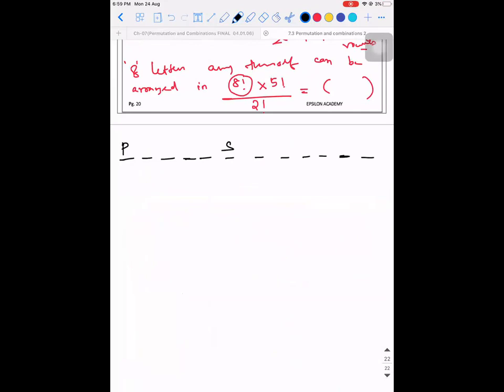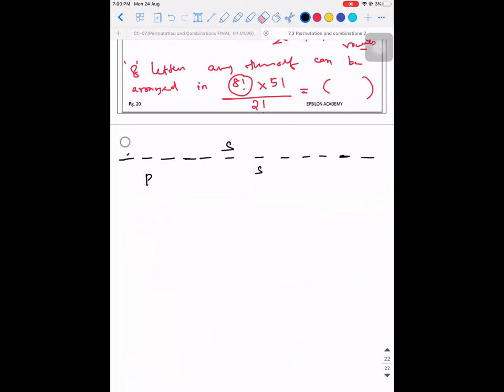Am I right? Suppose P is placed here, then S should be placed here. If I keep on doing it, then this letter P can take how many positions under this condition? Seven, sir.